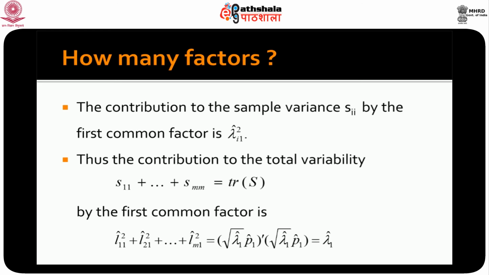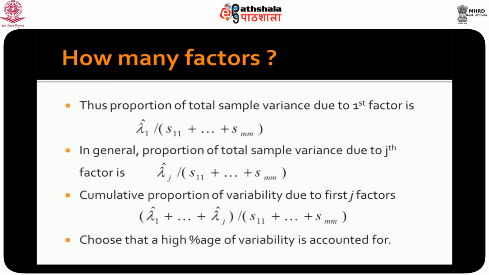You can easily see that this can be written as square root of lambda 1 hat p1 hat prime times square root of lambda 1 hat p1 hat, which is equal to lambda 1 hat, because p1 hat prime p1 hat is equal to 1. So the proportion of total variability explained by the first factor would be lambda 1 hat divided by the trace of S, which is the sum of the diagonals of the matrix S.